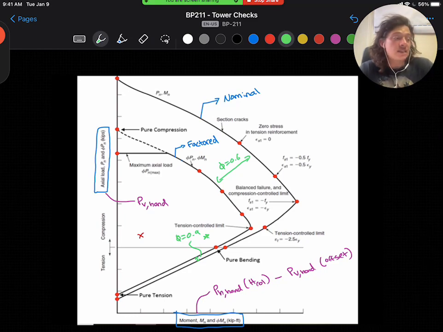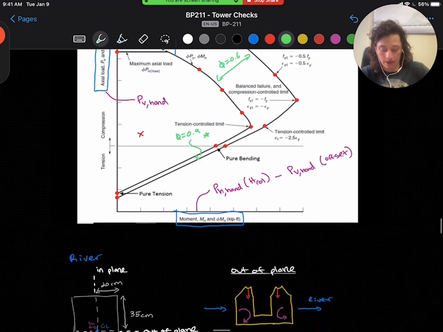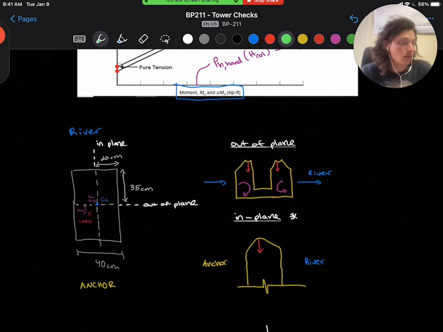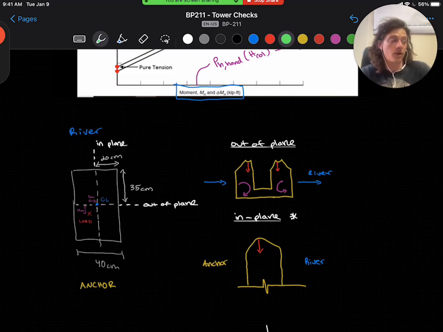Before we dive into these calculations, we need to rule the out-of-plane eccentric axial loading out, so we don't need to use a three-dimensional biaxial loading diagram. And to briefly revisit the eccentricity lecture, we technically have two moments, but the toward-away river moment is what combines with the cable forces and is our main concern.